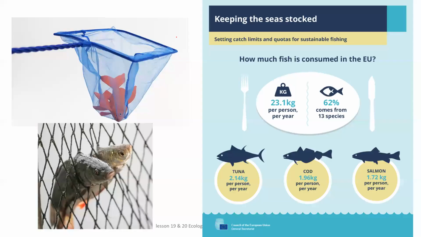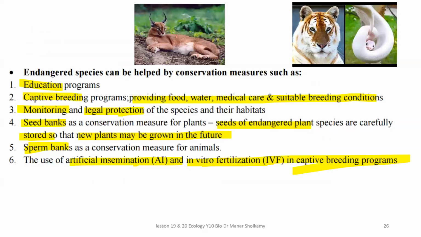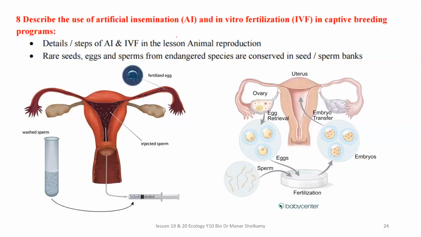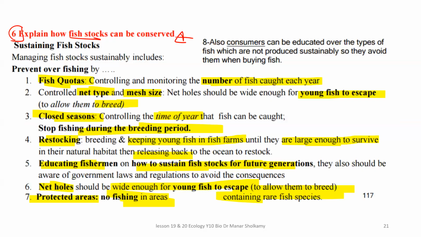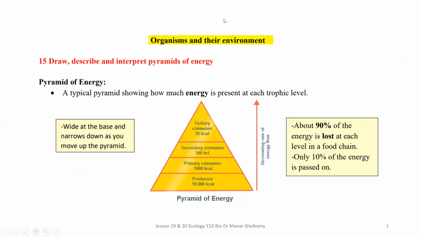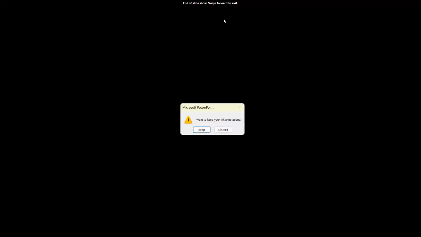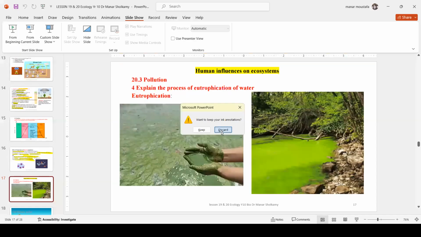Fishing quotas. Now, this happens. Did I show you the picture of too much fish being fished in the other PowerPoint? I did. I showed you a picture of lots of fish being fished.